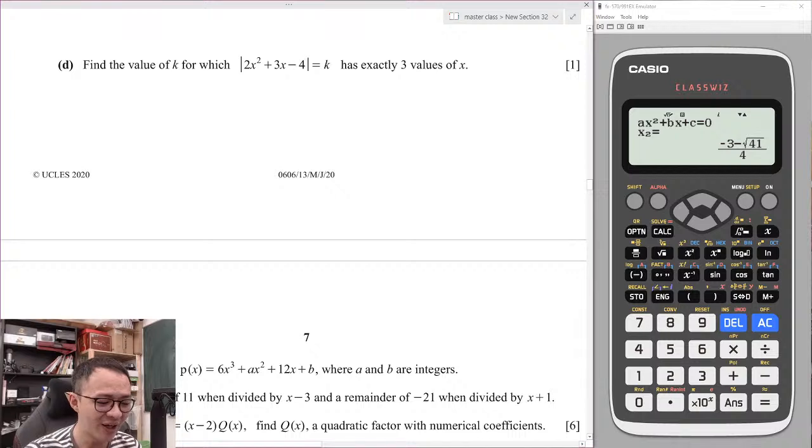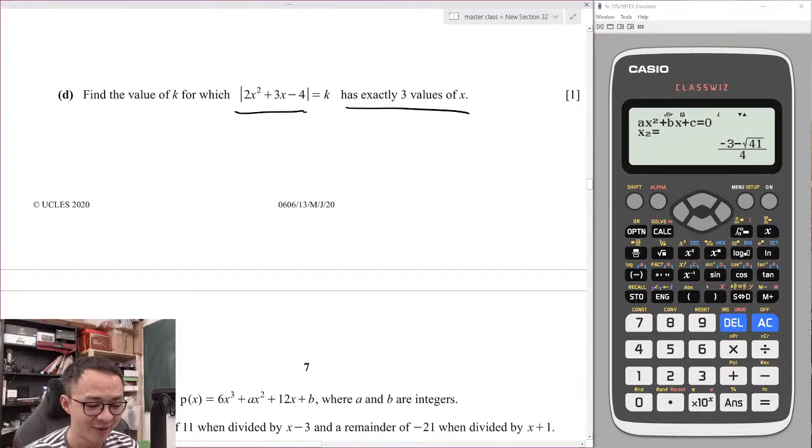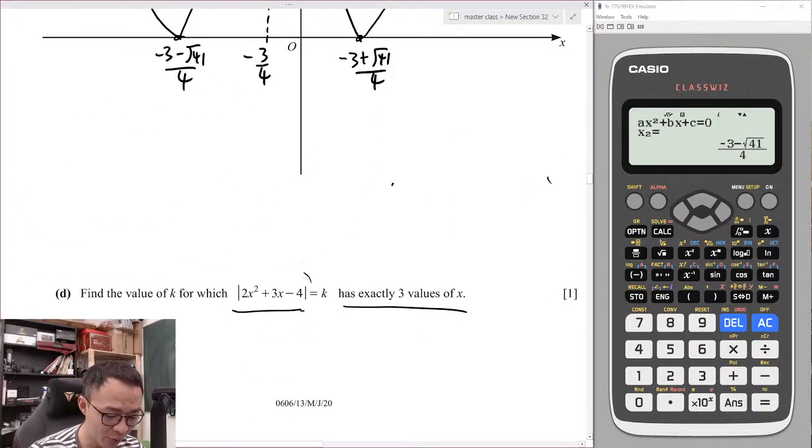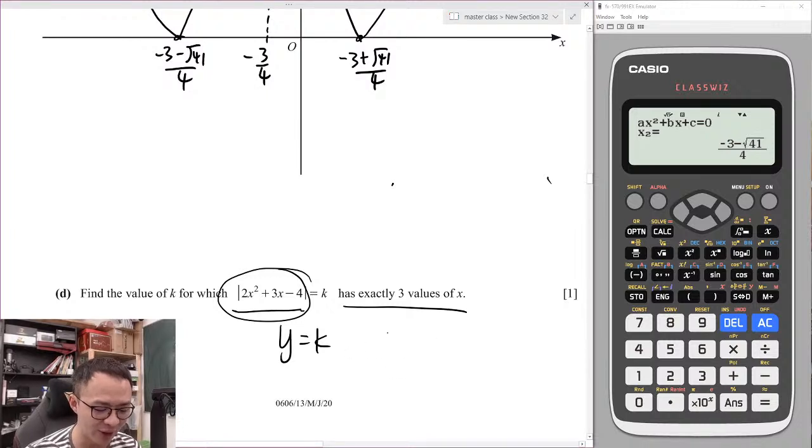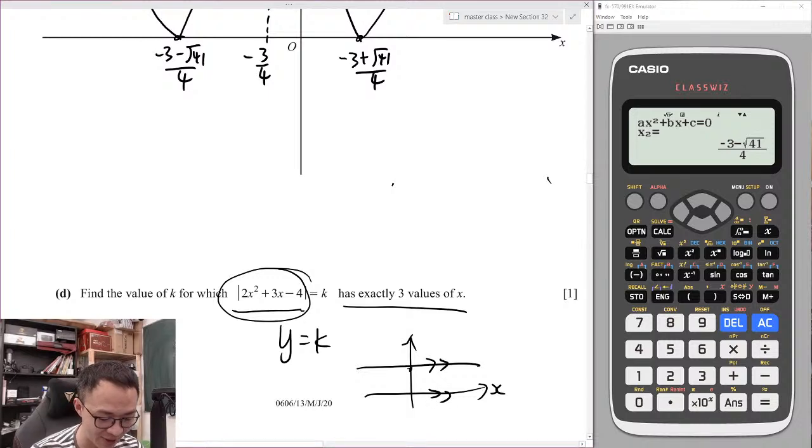So okay. Find the value of k such that this curve just now has exactly 3 values of x. So this one will be my y, isn't it? y equals k. What does the line look like when y equals k? It will be a horizontal line parallel to the x-axis passing through k here. This line we call y equals k. So right now, you need to draw a horizontal line on the graph and make sure it only touches 3 points.